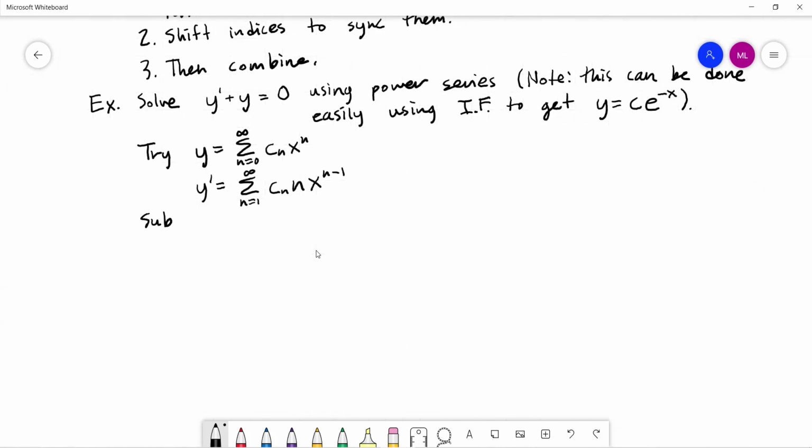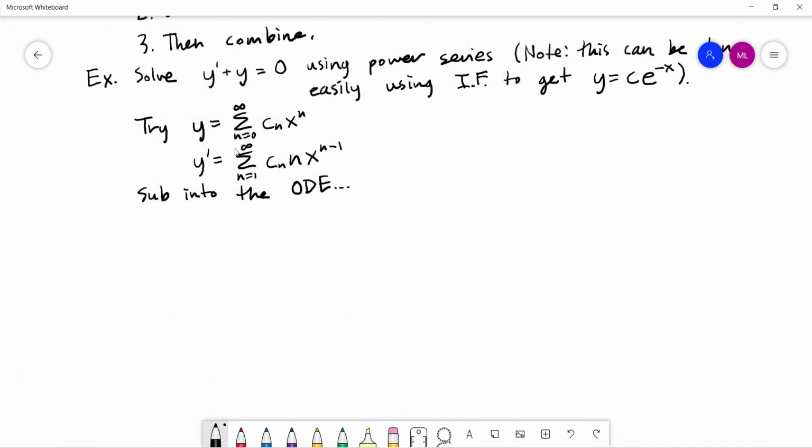We just need to now sub them into the ODE and then try to solve for those values of Cn. So the first term is y prime, so that's this one, plus y, so plus this one, equals 0.